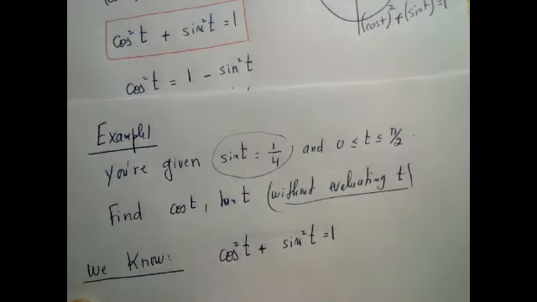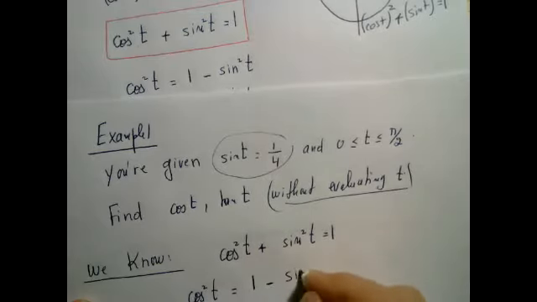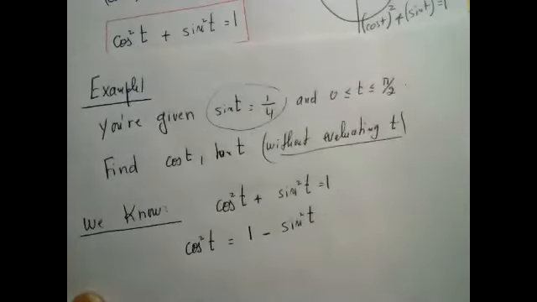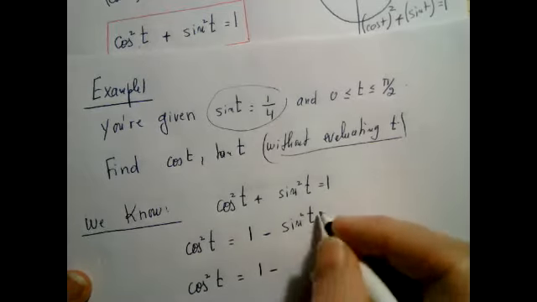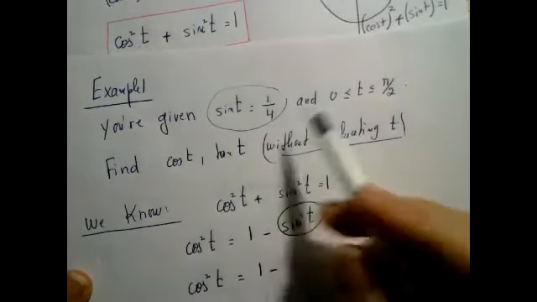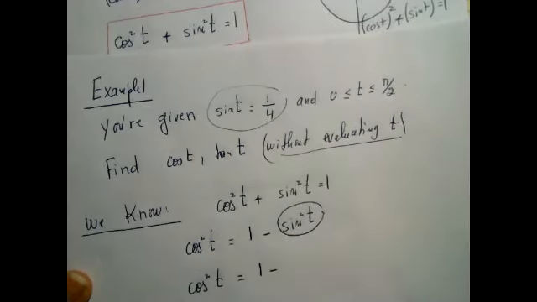I want the cosine, so this gives me that the cosine squared is 1 minus the sine squared. Exactly. So cosine squared is 1 minus sine squared of t. It's given, so that's what we have.